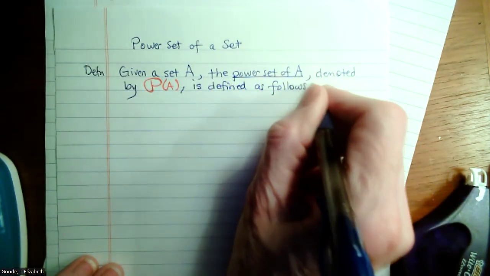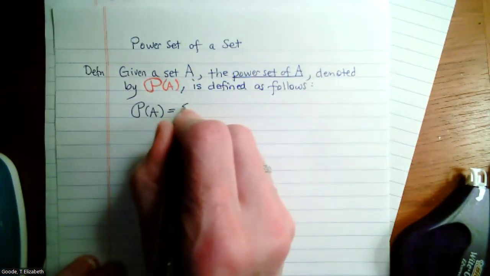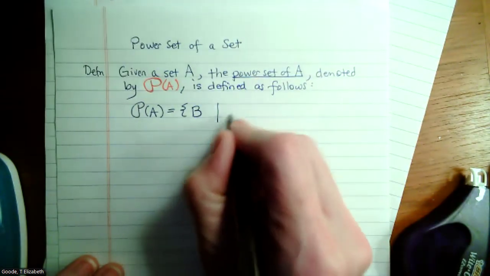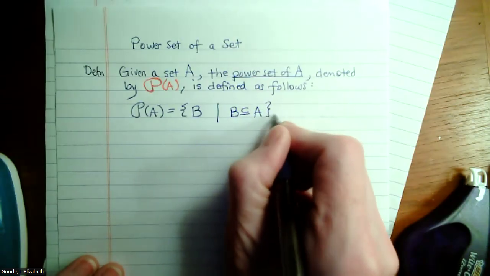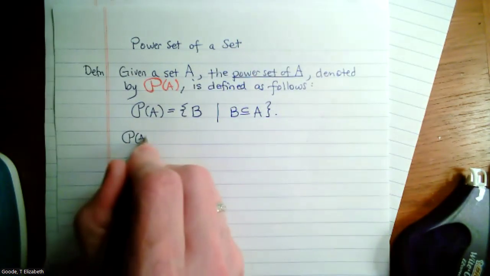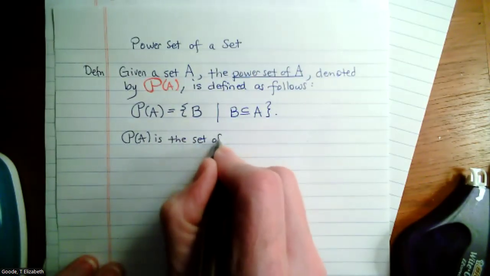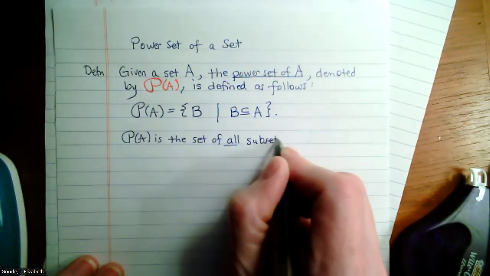You'll like this. The power set of A is the set of B such that B is a subset of A. So the power set of A is the set of all subsets of A.